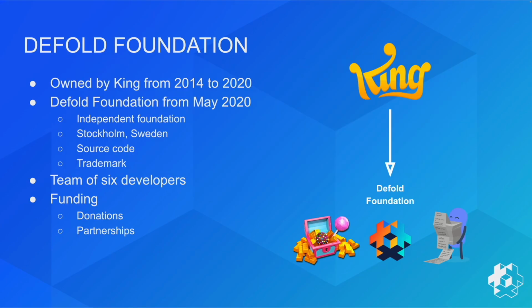The Default Foundation, which is the current owner of the Default game engine, it was handed over to the Default Foundation in 2020. So Default was owned by King from 2014 to 2020. It's an even older game engine, so it started off as a side project for two developers working at Avalanche, the AAA studio here in Stockholm.